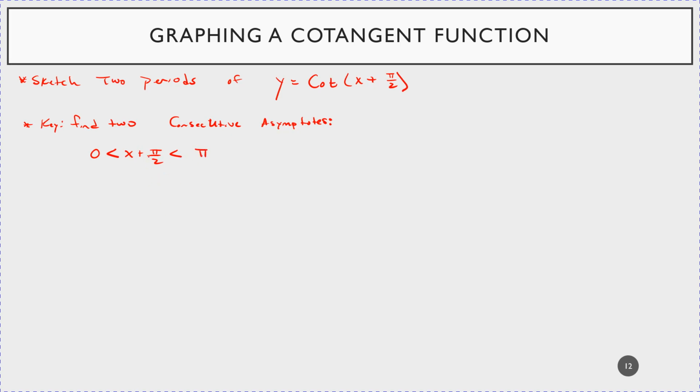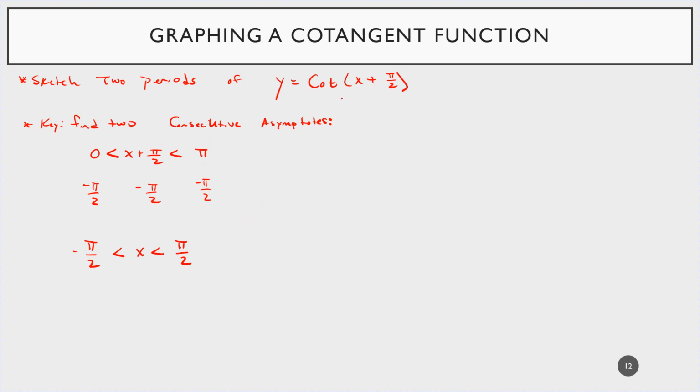All right, so just to solve this, you're just going to get x by itself, you're just going to subtract pi over 2. So 0 minus pi over 2 is minus pi over 2. Here they cancel out. And pi minus pi over 2, it's just pi over 2.